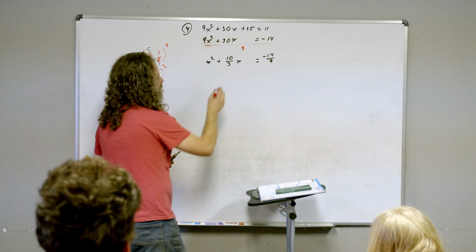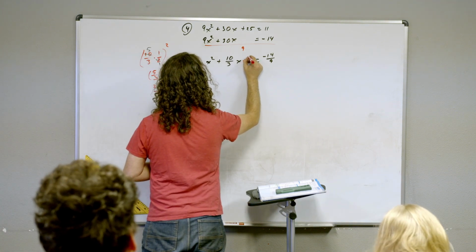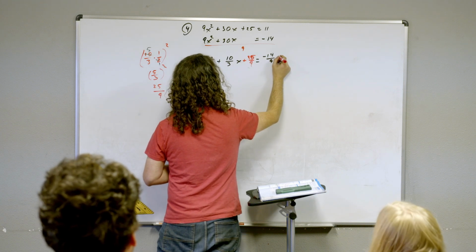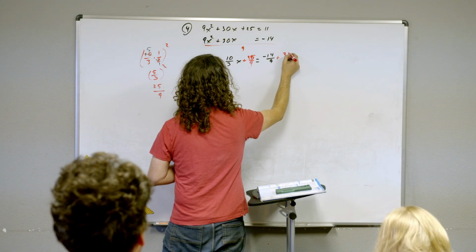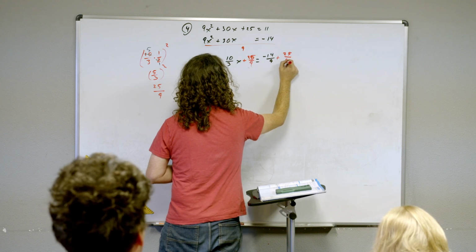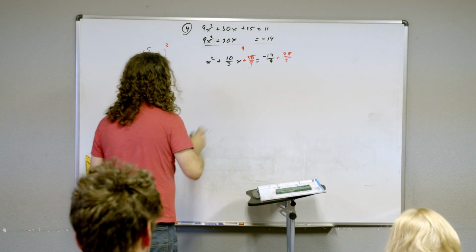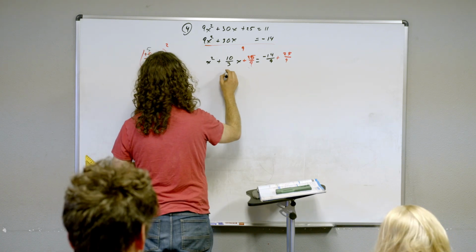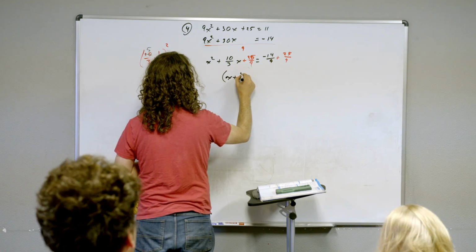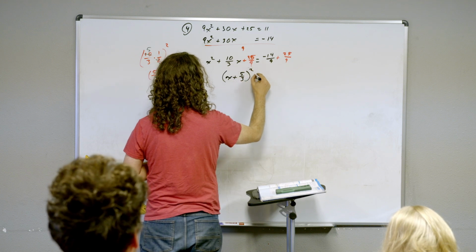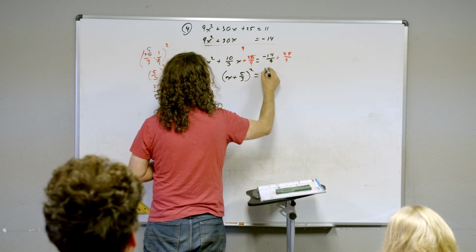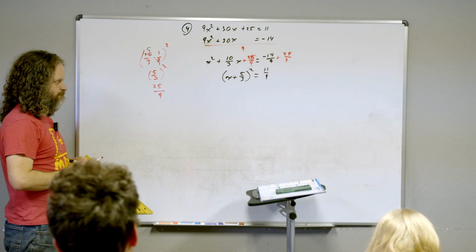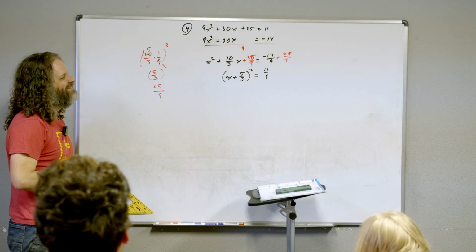So we add 25 ninths. And luckily for us, that's a common denominator. That's nice, at least, right? Yeah. Better than nothing. We'll take all the blessings we can get. So this would factor into x plus 5 thirds squared equals 11 ninths. It's okay. That's correct. Okay, good.